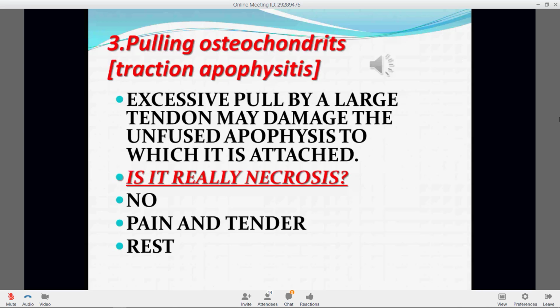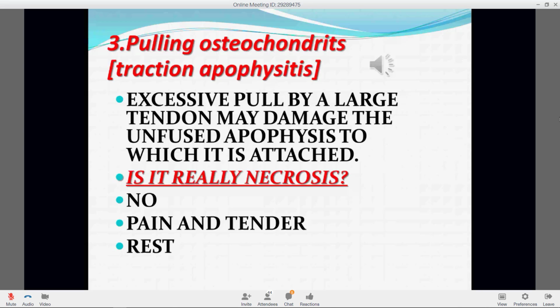Pulling osteochondritis, or traction apophysitis: excessive pull by a large tendon of a strong muscle may damage the unfused apophysis to which it is attached. Is it really necrosis? No, it is not a necrosis.